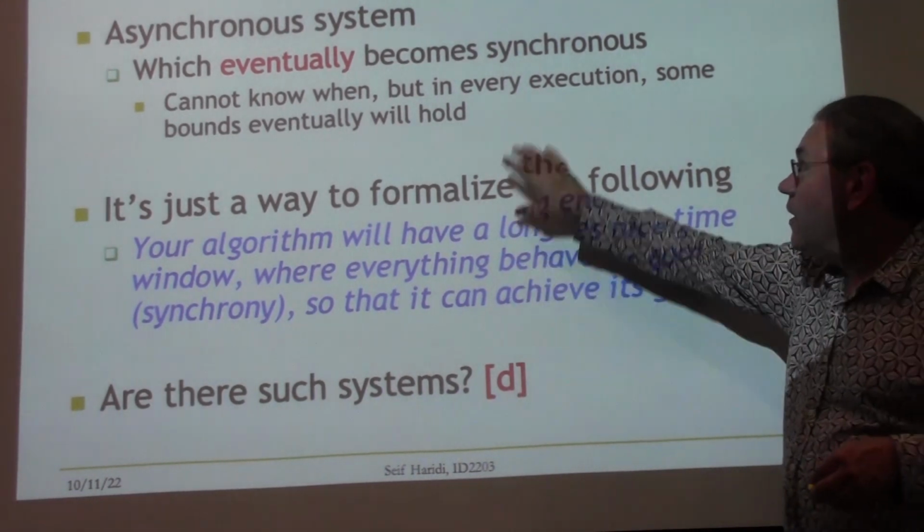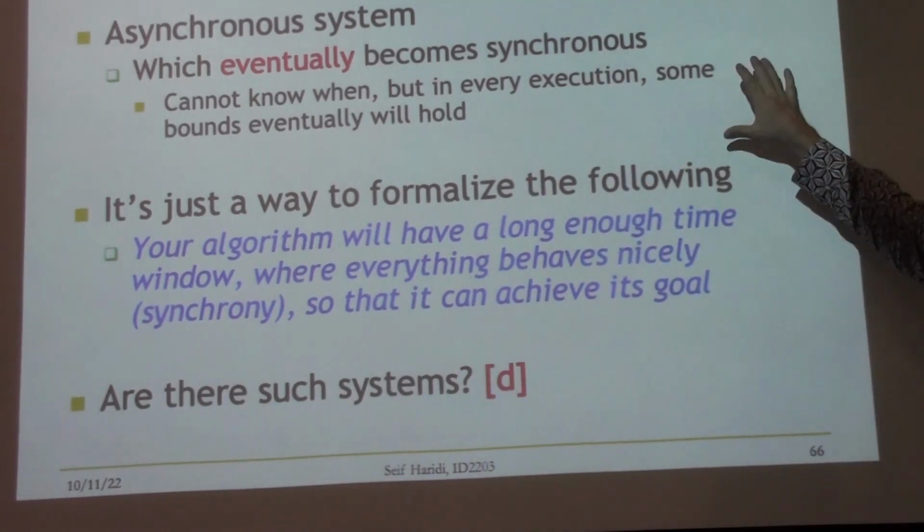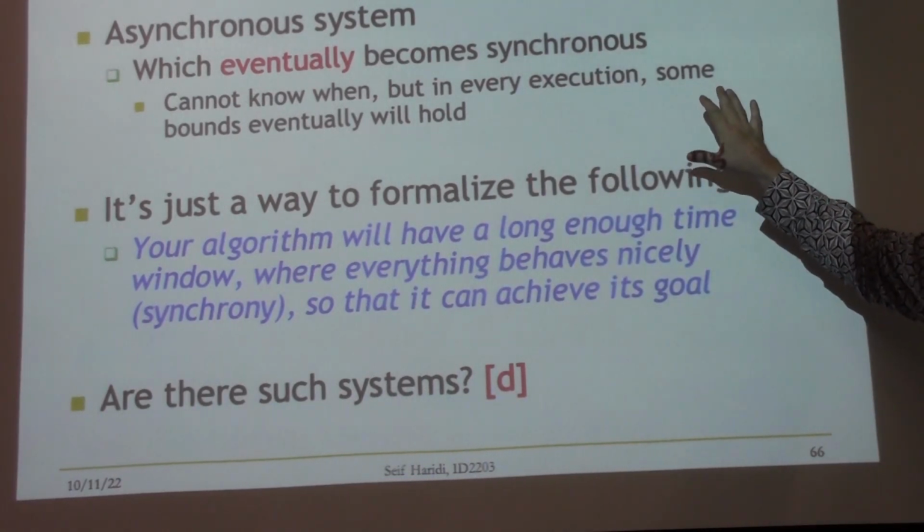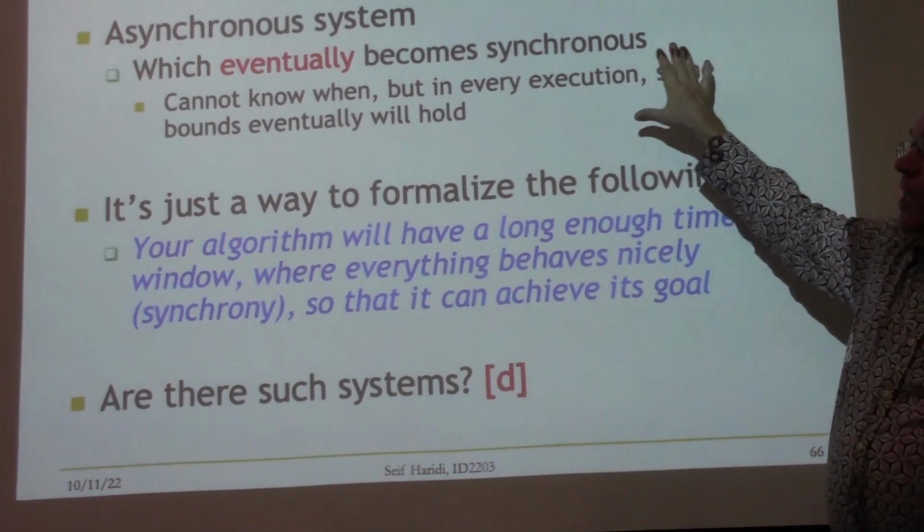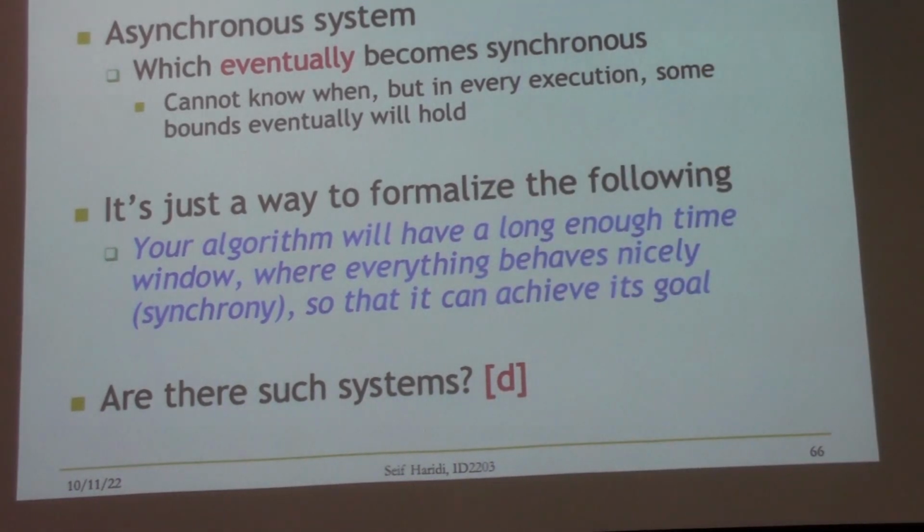This is a very interesting definition, a combination of vagueness and precision. See that? So after some finite time, which you don't know how much, the asynchronous system, which has no bounds, will become synchronous. So bounds will exist, but you don't know their values, okay?